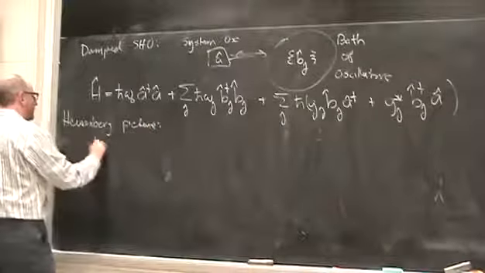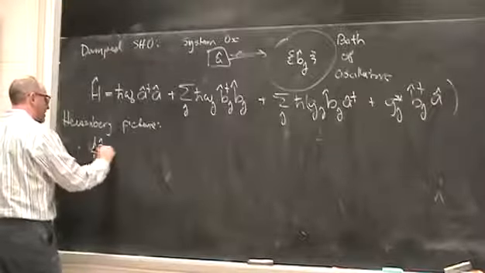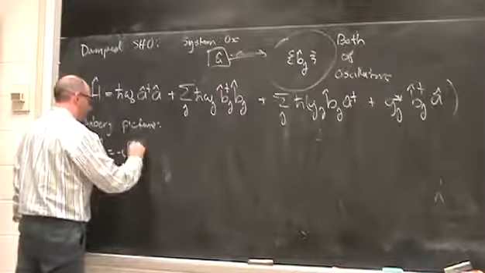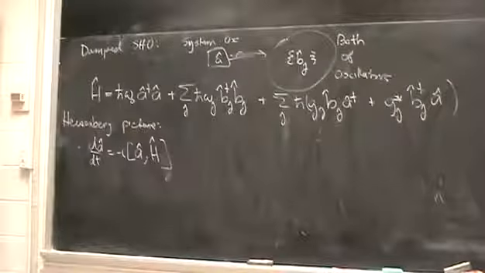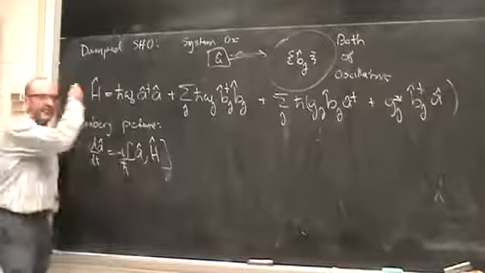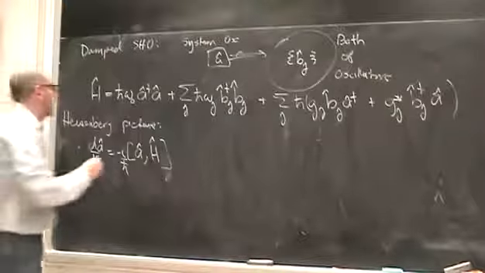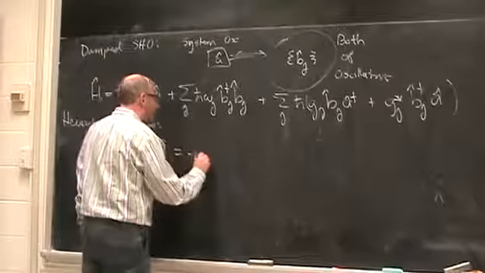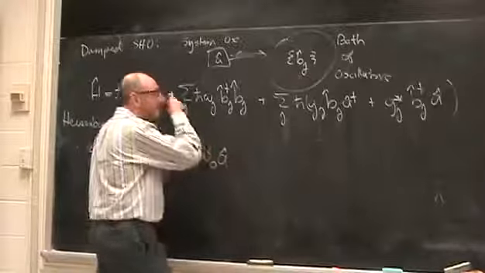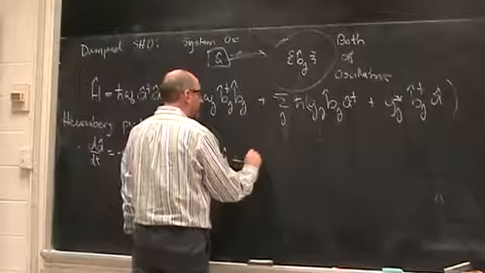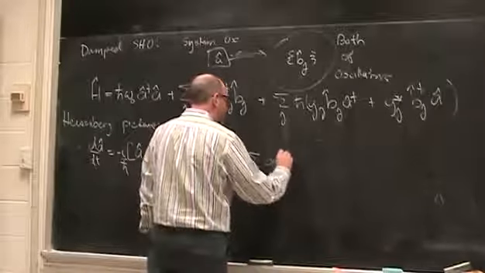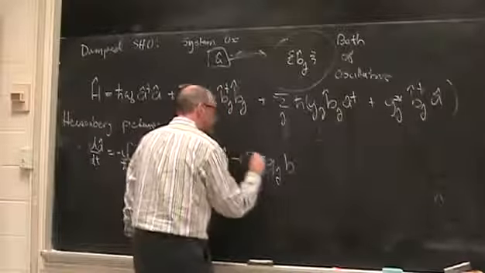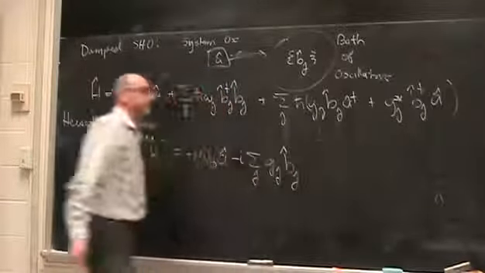We get, with an h-bar, da/dt equals minus i omega naught a plus sum over j of g sub j, minus i, b_j.